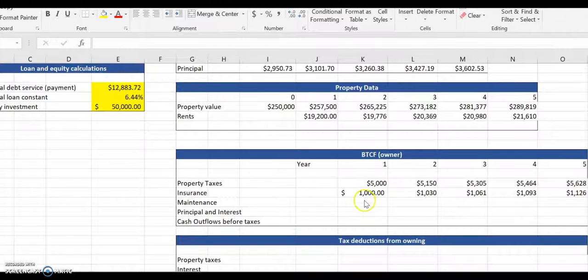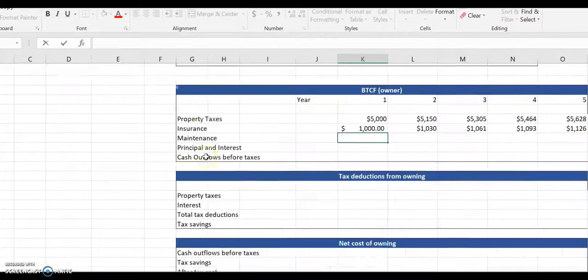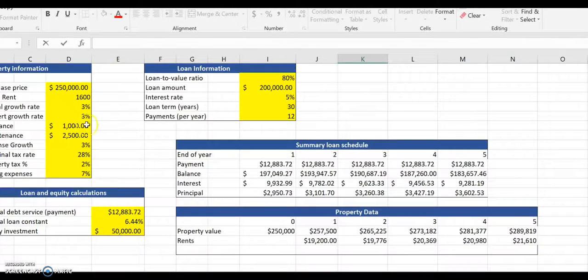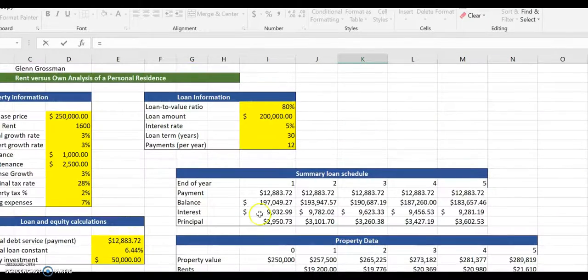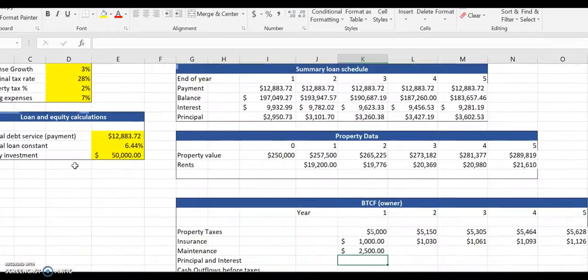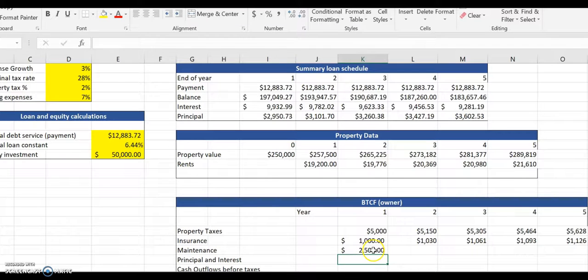Okay, for our maintenance, it'll be pretty much the same thing. We know our given is right here, equals our given maintenance. Enter that.